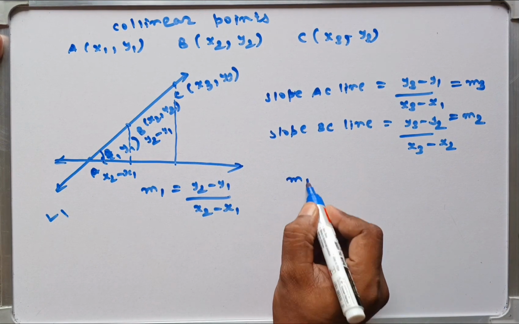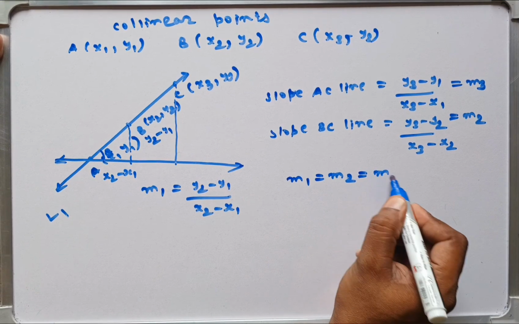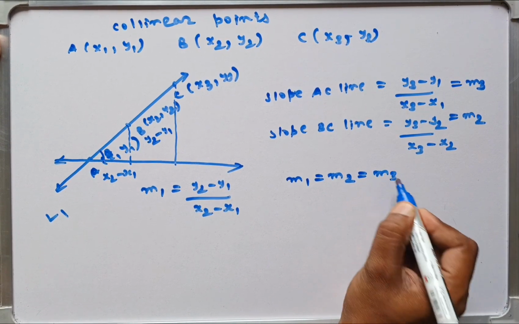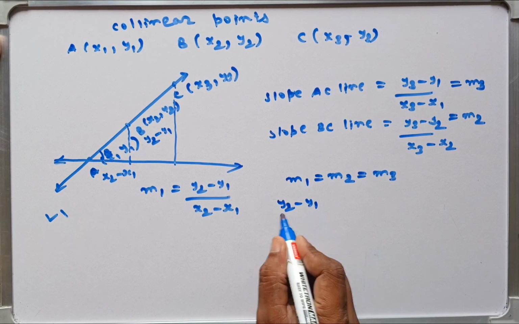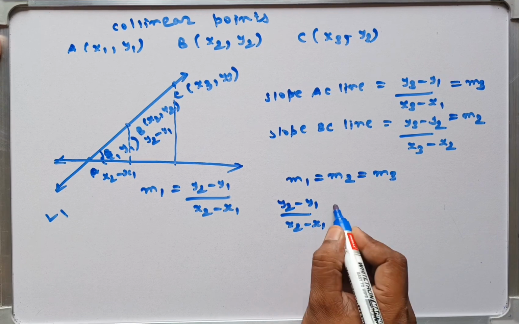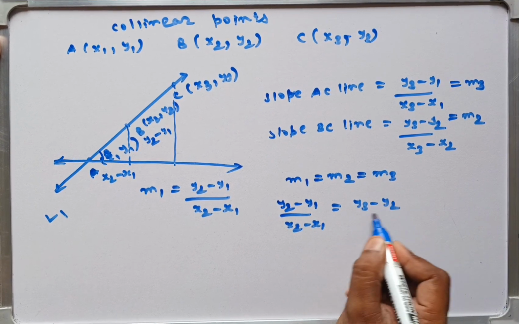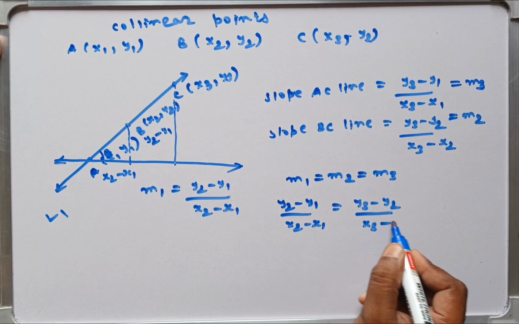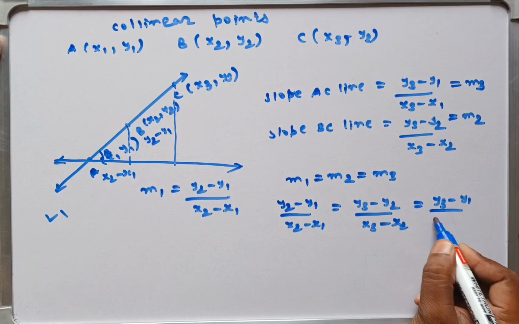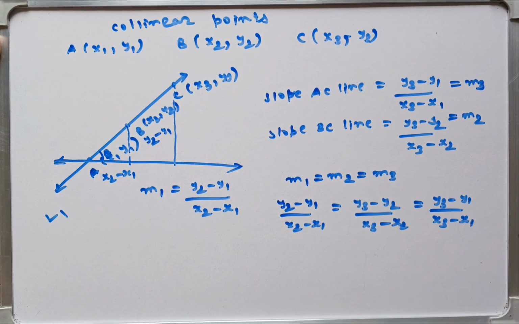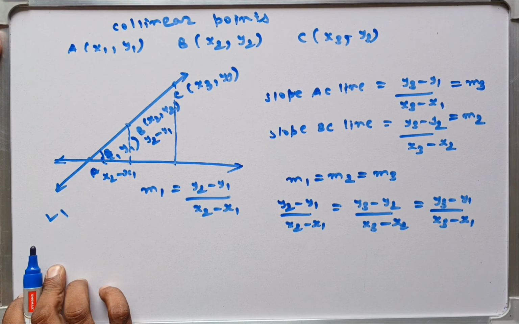So finally we conclude m1 equals m2 equals m3. So we can say when y2 minus y1 over x2 minus x1 equals y3 minus y2 over x3 minus x2 equals y3 minus y1 over x3 minus x1, then only these points are collinear to each other.